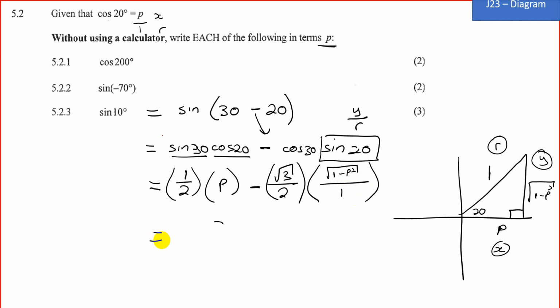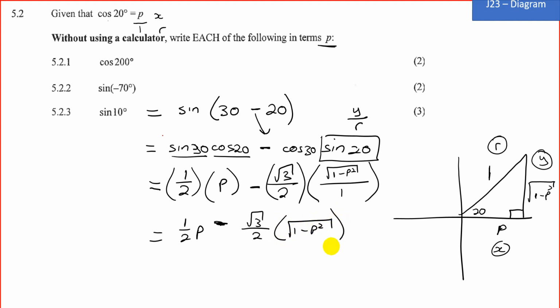And now we can simplify this. Half times P is half P. And now we can multiply our numerators, or just bring it down as minus root 3 over 2 times the root of 1 minus P squared.